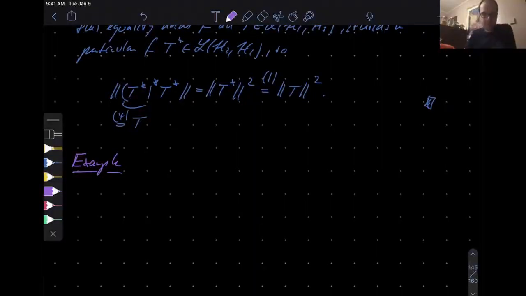Hi guys, welcome back. We have defined the adjoint for a given bounded linear transformation between two Hilbert spaces, and we have just completed a proof of a rather lengthy theorem that summarized all the key properties of the adjoint.